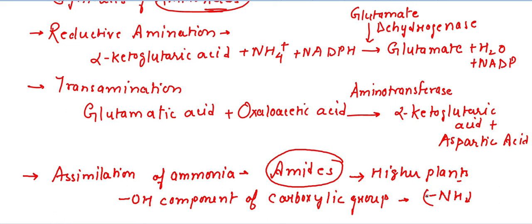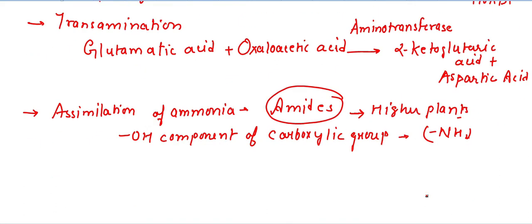So they are the combination of ammonia and amino acids, and the two most common amides are glutamine and asparagine.